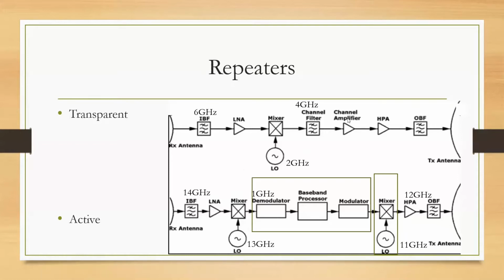All the processing is done at this intermediate frequency, and then while sending it down, we again use a mixer of 11 gigahertz to convert this 1 gigahertz to 12 gigahertz.